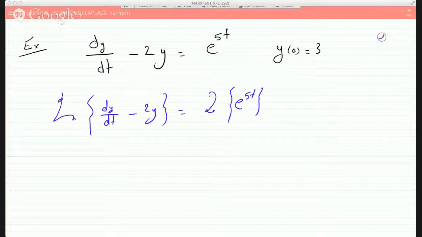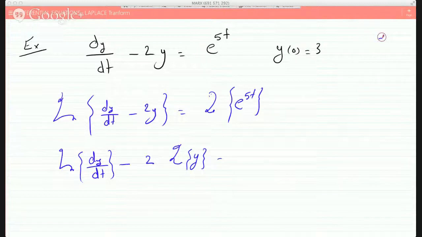So this becomes the Laplace of dy over dt, minus 2 is a constant, it comes out, the Laplace of y equals the Laplace of e to the 5t.